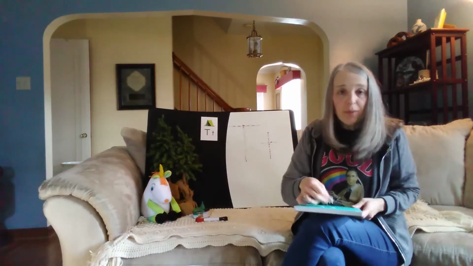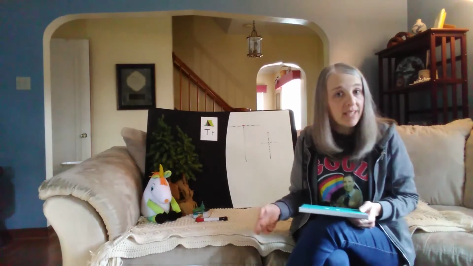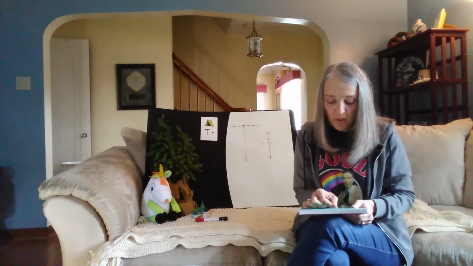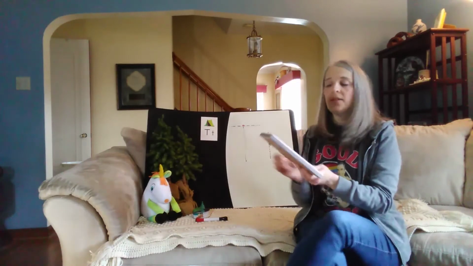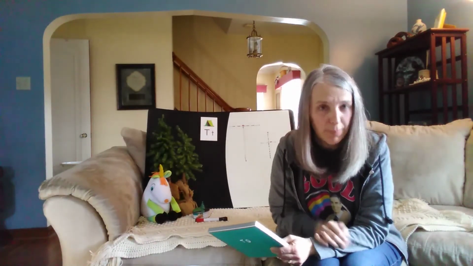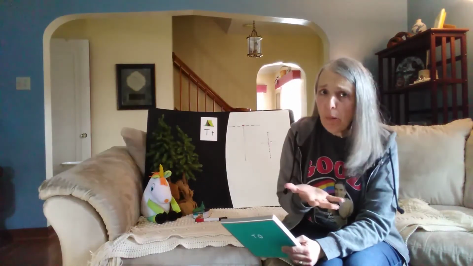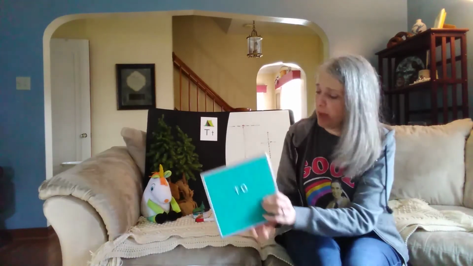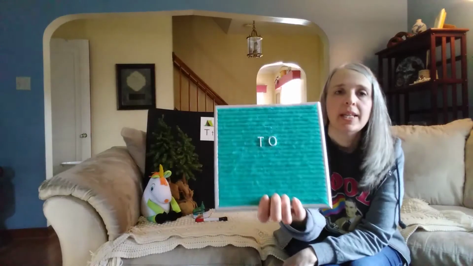And for those of you in my morning class who have sight words, we're going to review the T sight words that we learned. There's 3 ways to say the same word, but they all mean something different. They all sound the same, but they mean something different. Here's the first one.